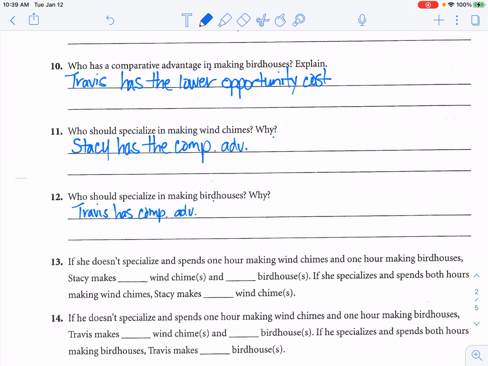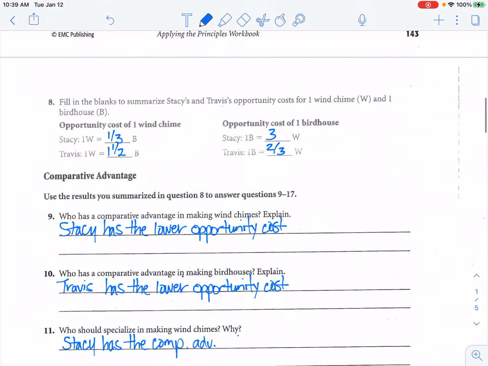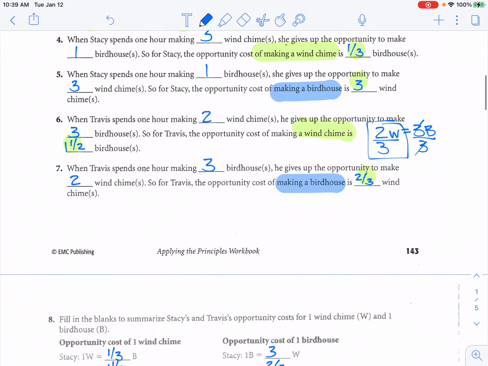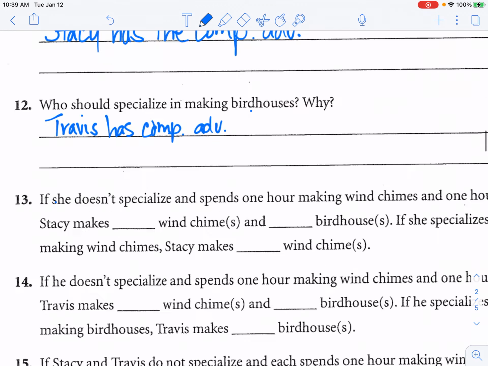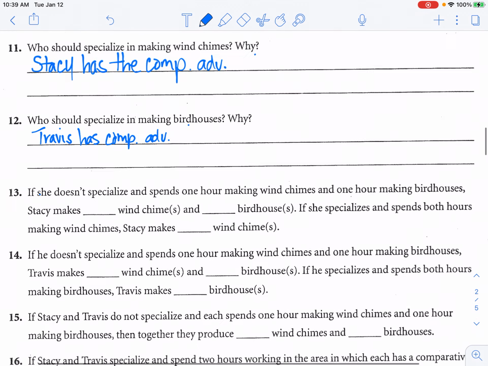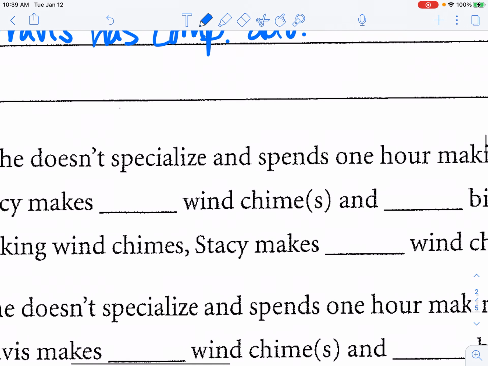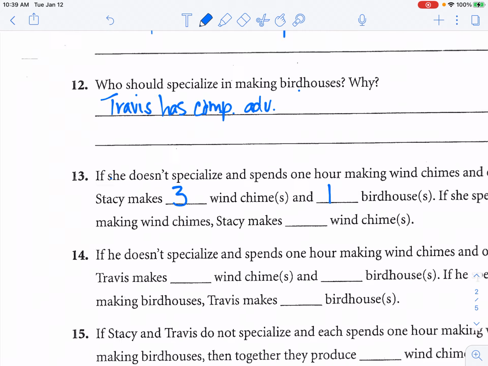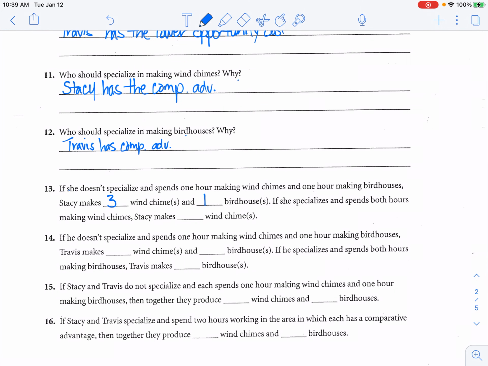And so if they don't specialize, and Stacy spends 1 hour making wind chimes and an hour making birdhouses, according to the chart, she can make 3 wind chimes and 1 birdhouse in an hour. In those 2 hours, I should say.